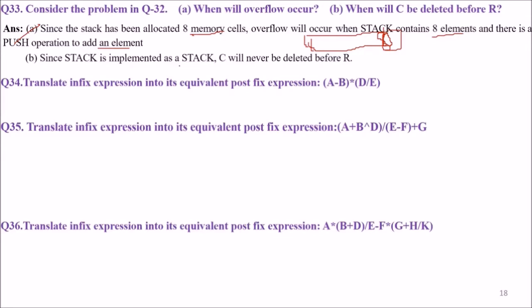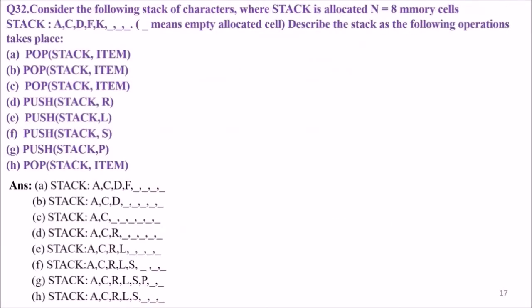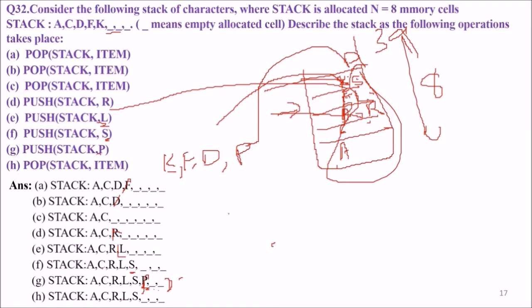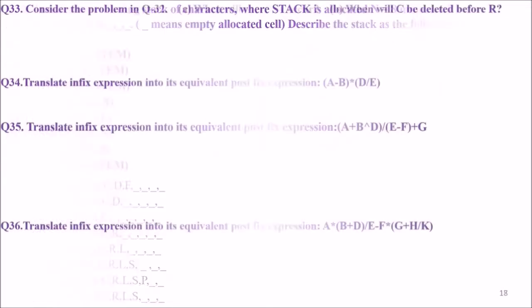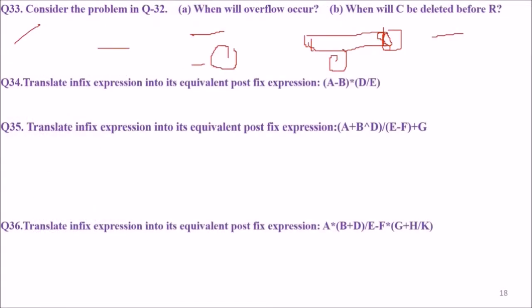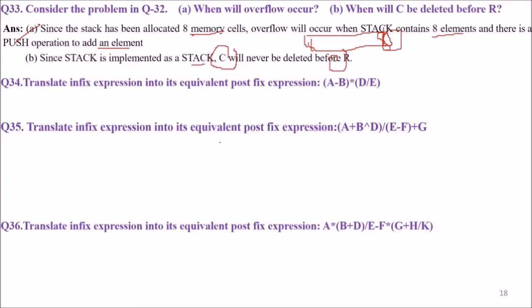Since it is implemented as a stack, it is never possible for us to delete C before R. This is not possible, because C is always before R; only the values which are after C can be deleted before R. C can be deleted only before A, right? This is a stack implementation, and hence the answer.